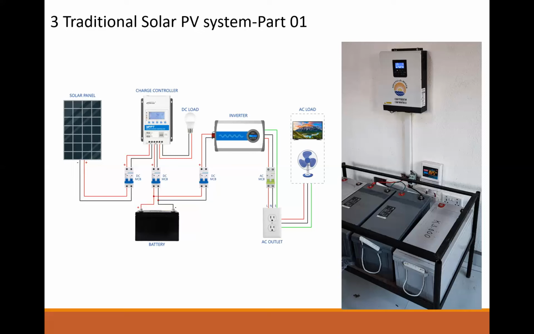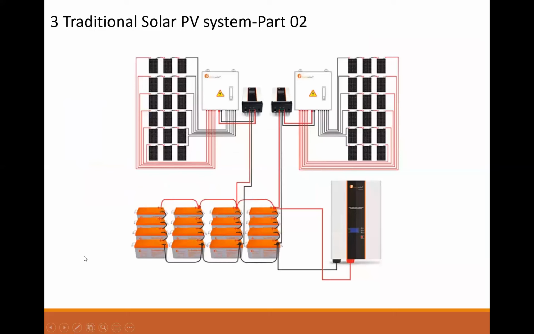Of course, when we expand, this is a simple illustration, we go to a more advanced traditional system. In this more advanced traditional system, we have a lot of batteries, a lot of solar panels, and also an arrangement of 2 charge controllers.